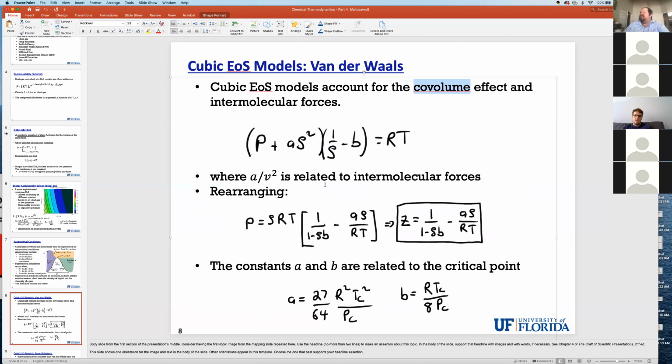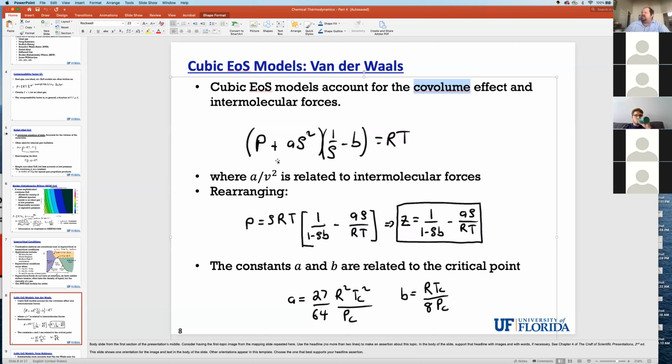Okay, and so again we have the co-volume effect, and this here, this A, is related to the intermolecular forces. If you rearrange this, and I did some simplification, we can actually put this into a form of P equals rho R T times a bogey factor, and this bogey factor is just the compressibility factor. For van der Waals, the compressibility factor is basically this function here.